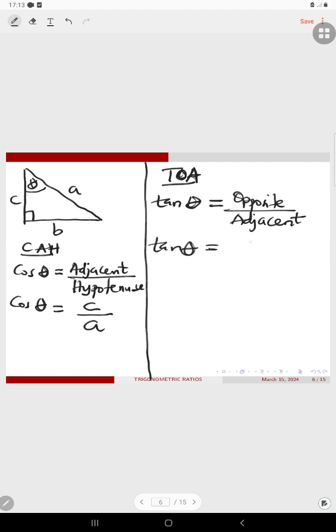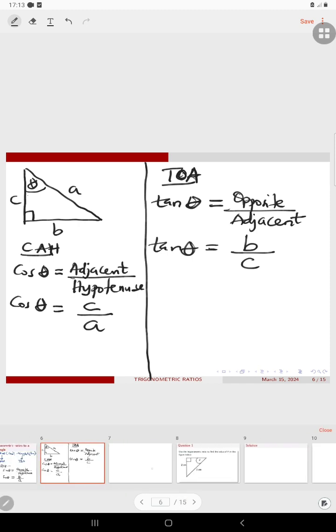According to our diagram, the opposite is B, and our adjacent is C. So that is how you apply it in a problem, and you can use this to find the third side when you know two sides of a right angle triangle.